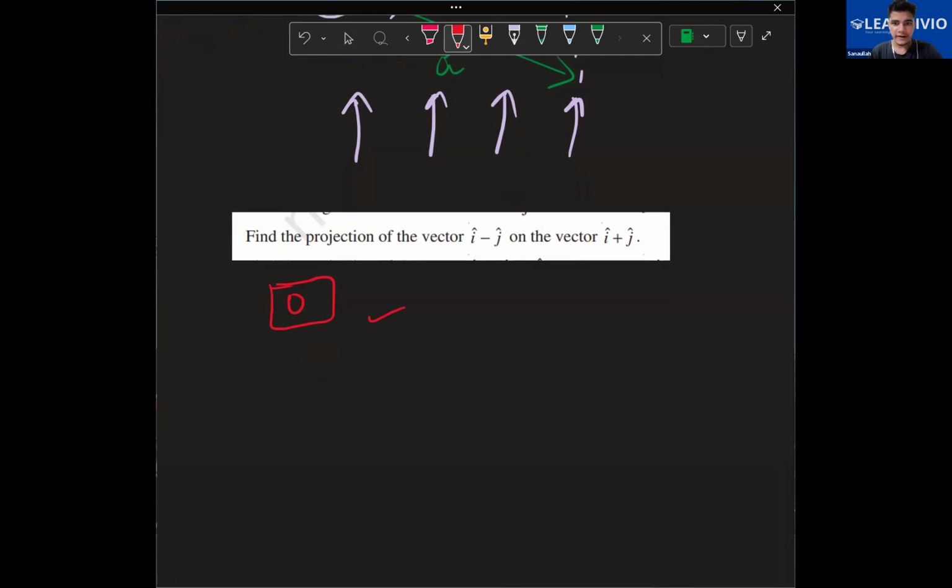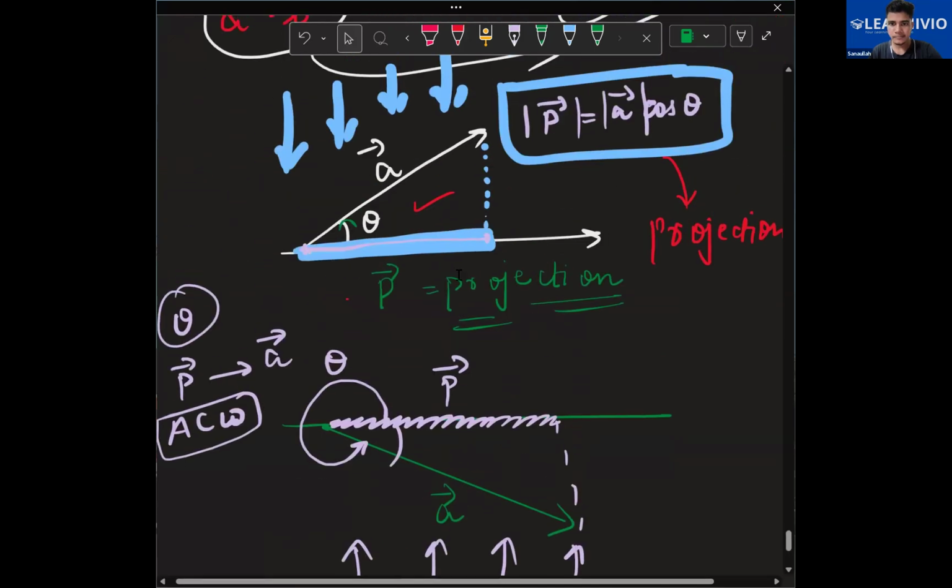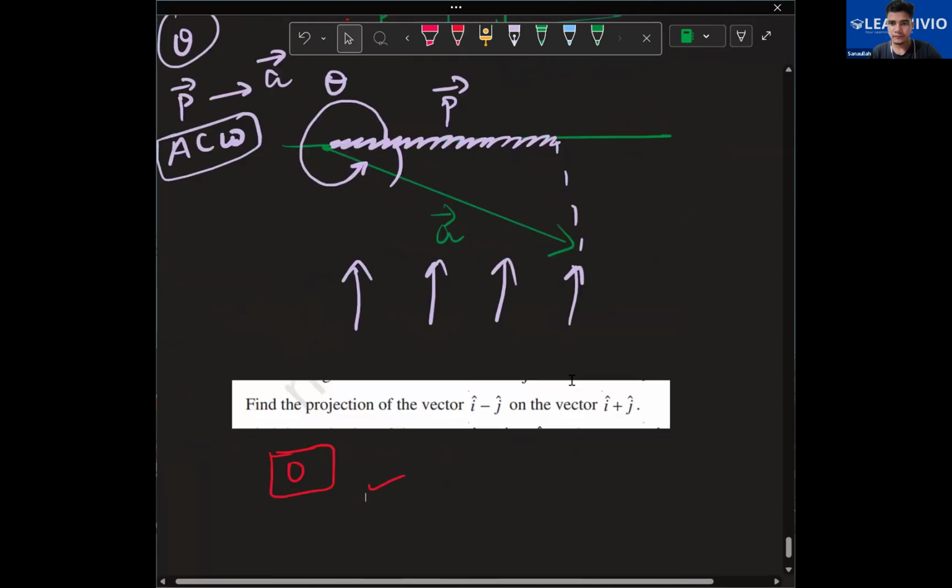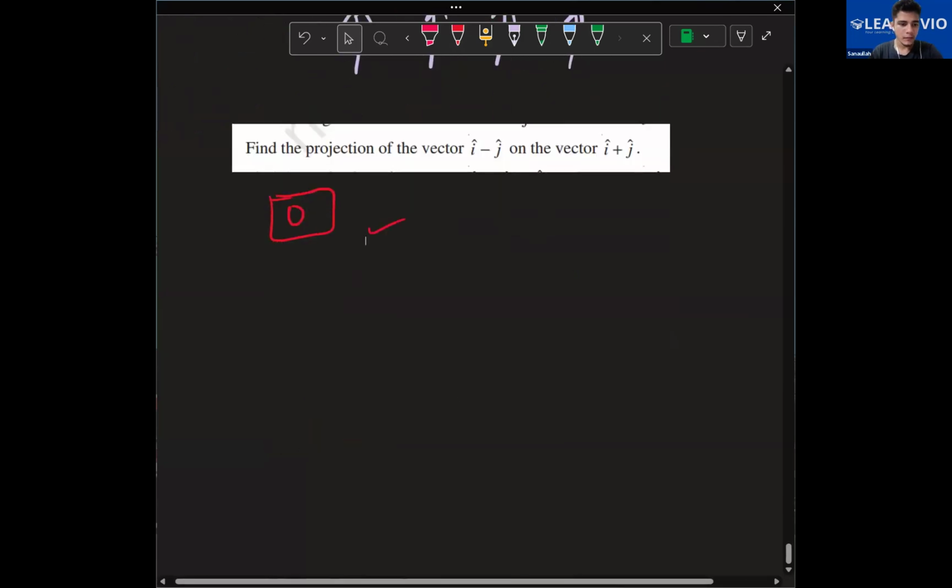So now you know how to find the projection of any vector, right? All right.